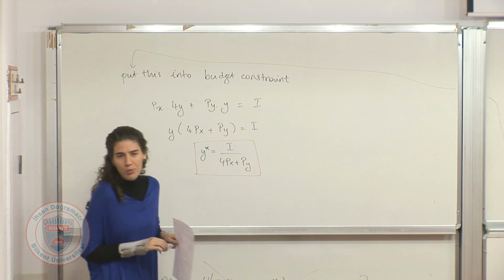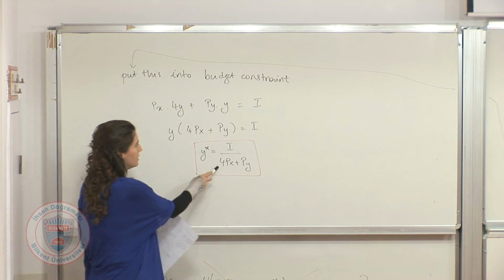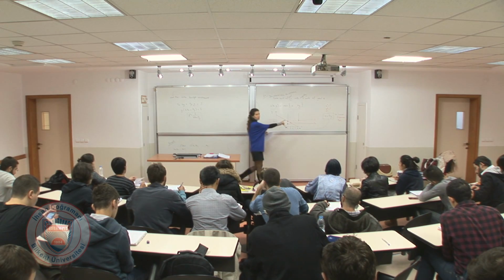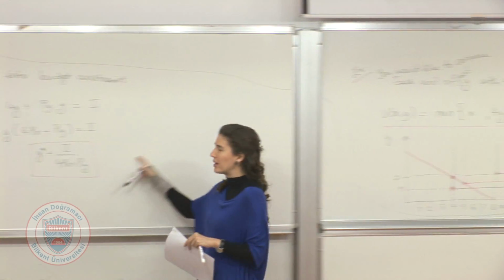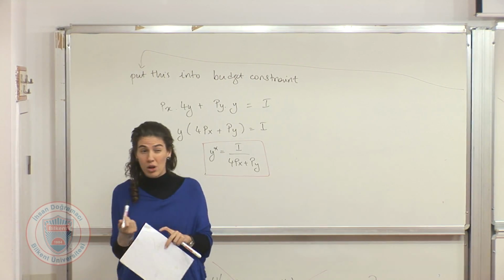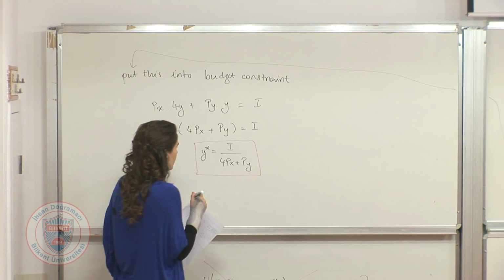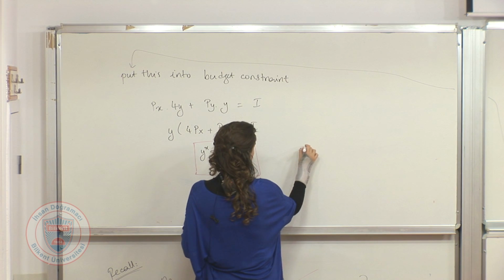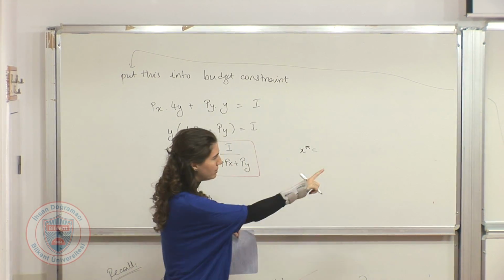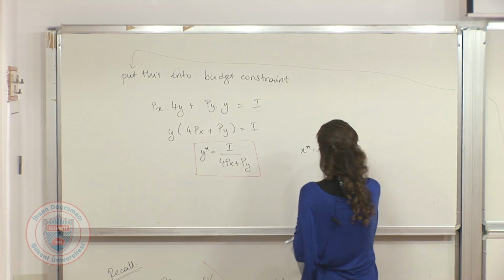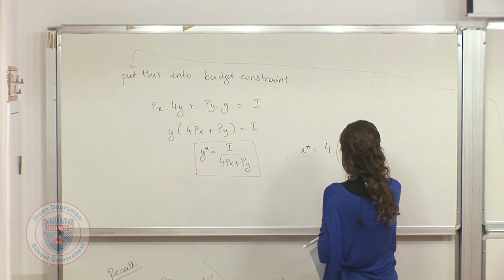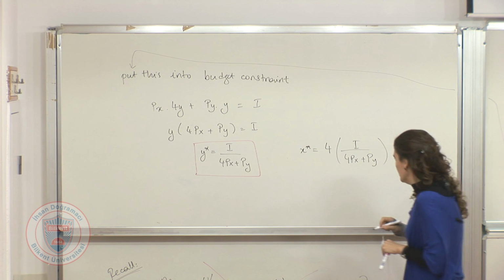And what were we doing? Then you can put this back into this relation, either here or into the budget constraint, to solve for x star, okay? So let's do this. X star, you tell me, what is it? 4 times this, I divided by 4px plus py.